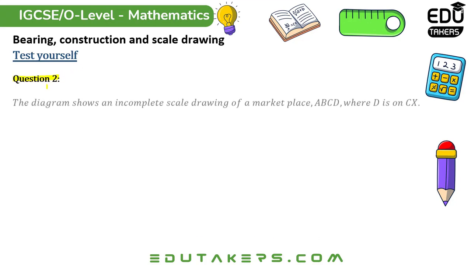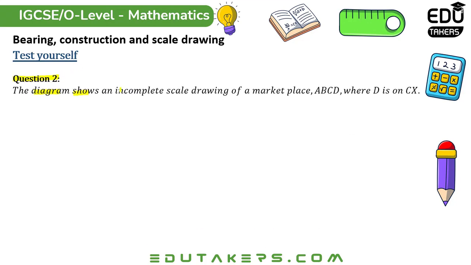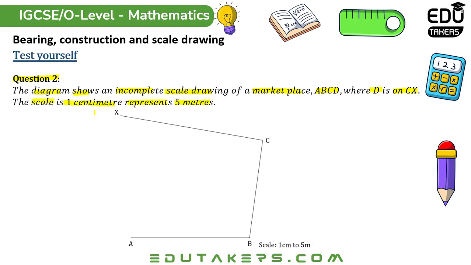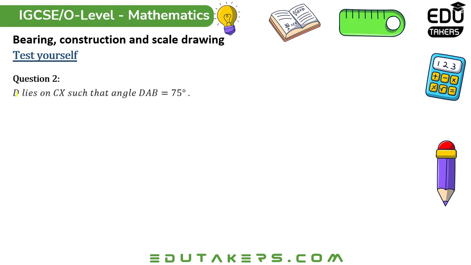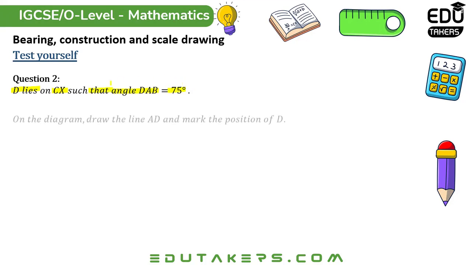Question number 2. The diagram shows an incomplete scale drawing of a marketplace ABCD, where D is on CX. The scale is 1 centimeter represents 5 meters. D lies on CX such that angle DAB is 75 degrees.